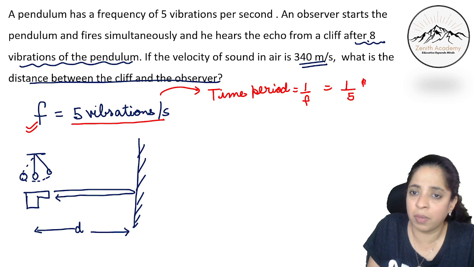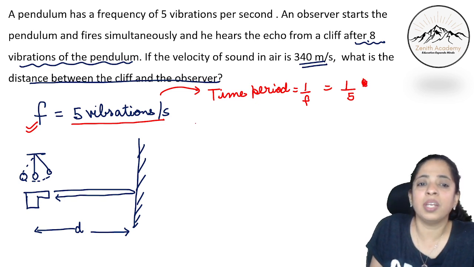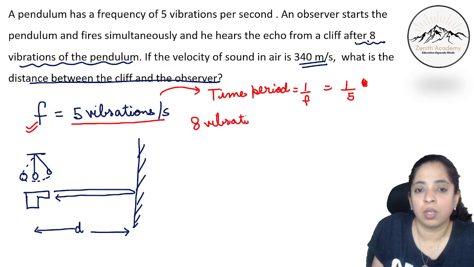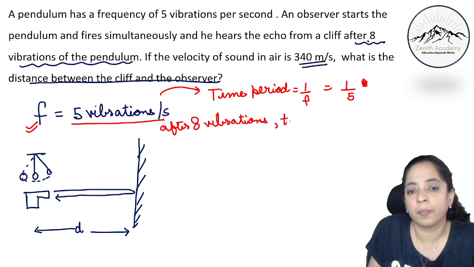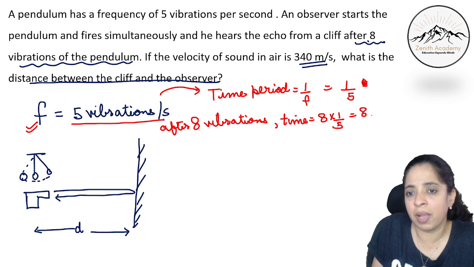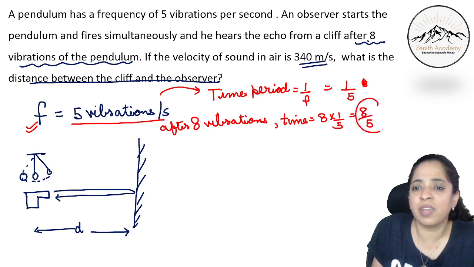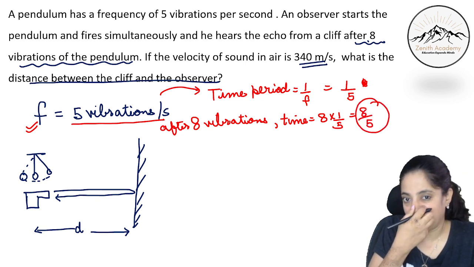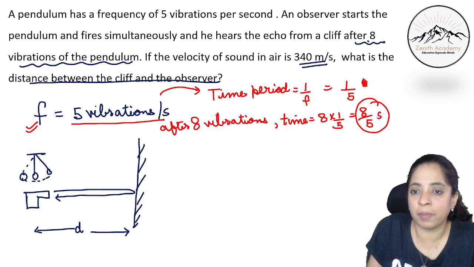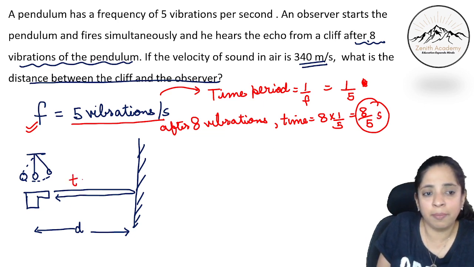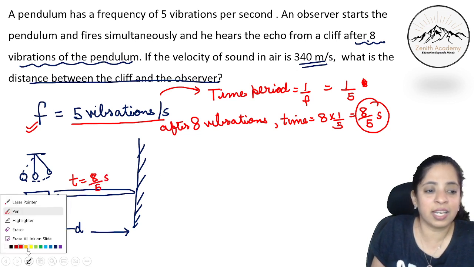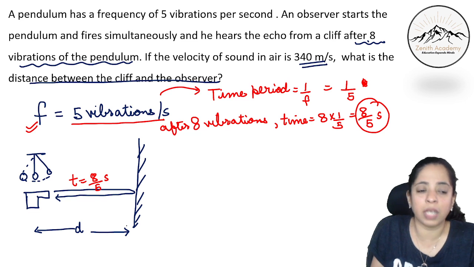After 8 vibrations, time will be 8 into 1 by 5, which is 8 by 5. This we have to take as time because time is not given. So time is 8 by 5 second. Now the things are clear. This is a very important type of question, children.